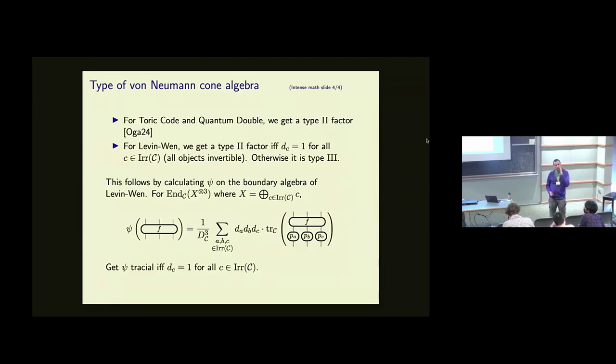Yes, but the type 3 is a cross product of type 2 infinity cross R. But they're all just hyperfinite factors, so of course it's going to be the type 2 factor. There's a unique hyperfinite type 3-1 factor. There's a unique hyperfinite type 2 infinity factor. So it's always the same factor that you're getting. It's just about the factorization that comes from the modular automorphism group action, and that actually comes from these dimensions, tied into the dimensions in the fusion category. But that's always there. That's like the Takesaki duality.